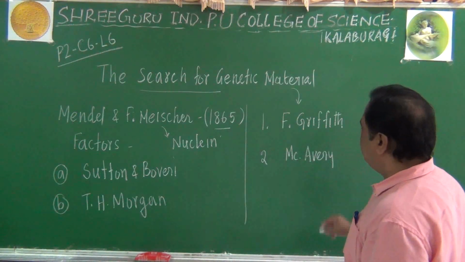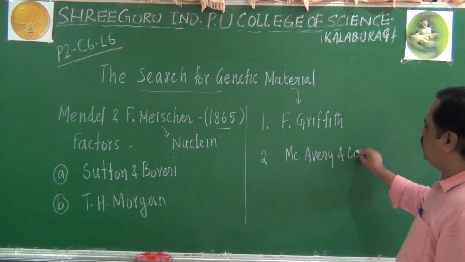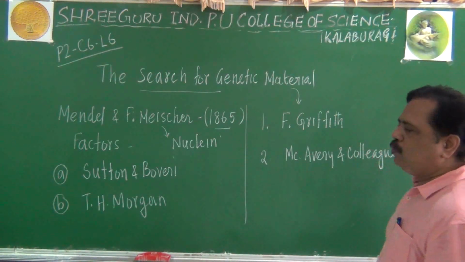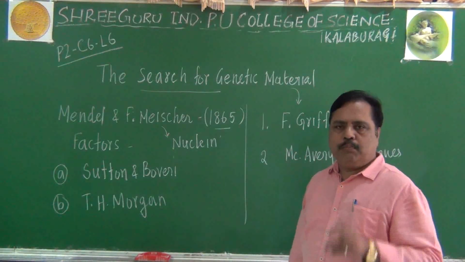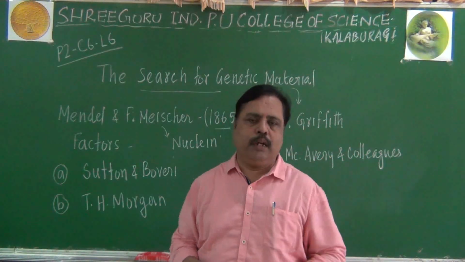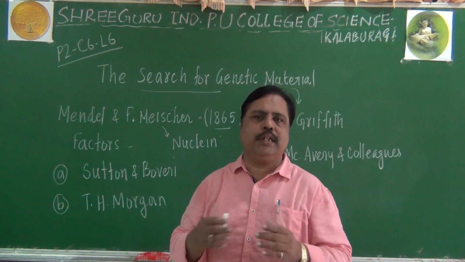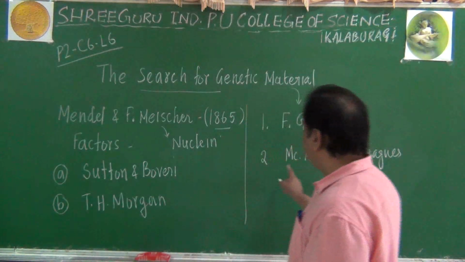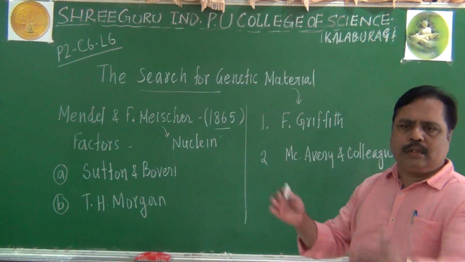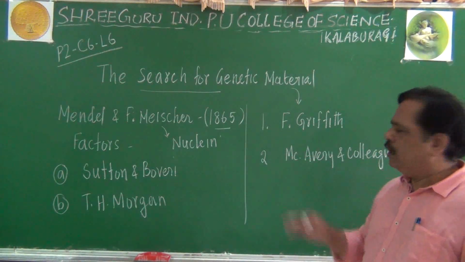He and his colleagues performed some experiments, and based on that they understood the biochemical characterization of the genetic material. Biochemically, what that genetic material is made up of was decided by Avery and his colleagues and another group of scientists.